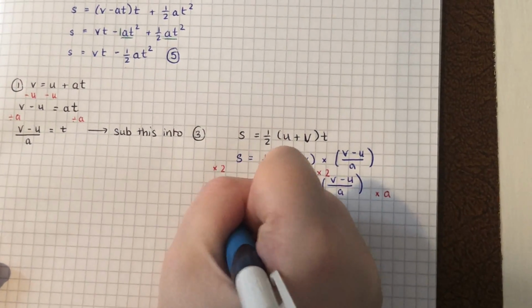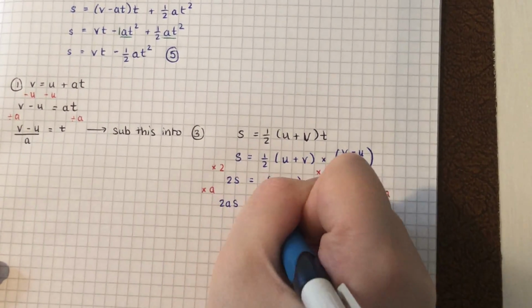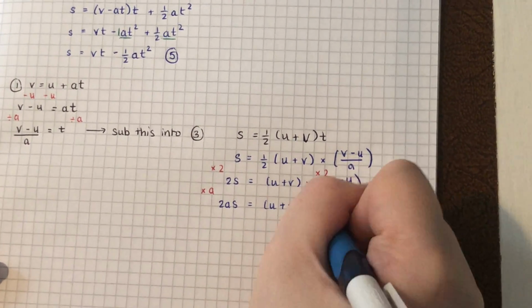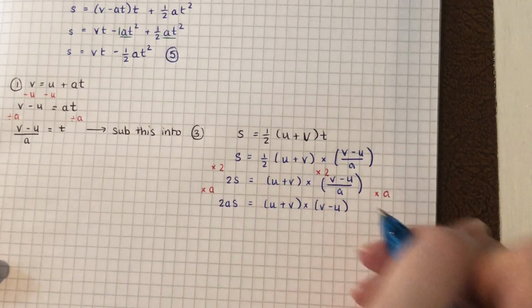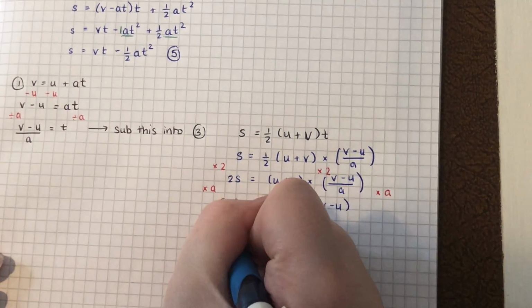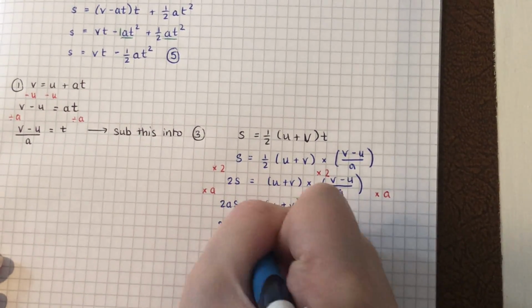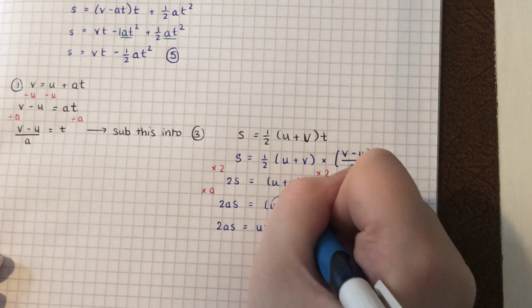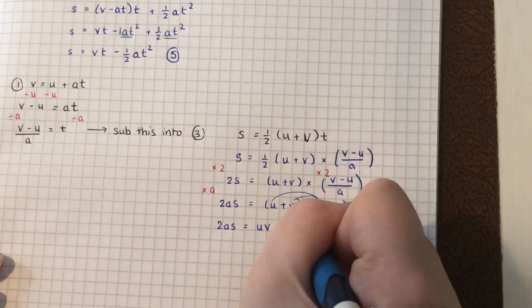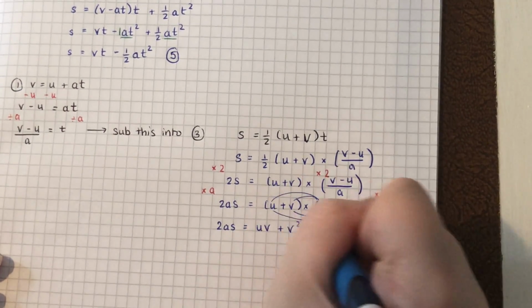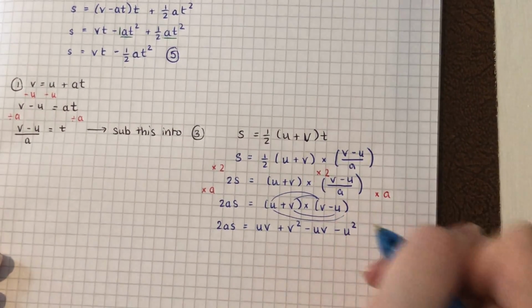So we'd have 2as is equal to u plus v times v minus u. Now this is just like a double bracket, so we can expand that. So that's going to be uv plus v squared minus uv minus u squared.